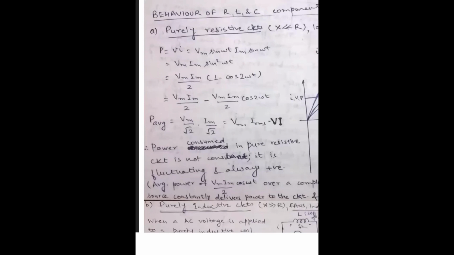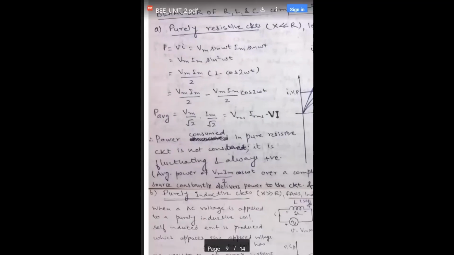So p is equal to v i, Vm sin omega t times Im sin omega t, Vm Im sin square omega t, and you are well aware of the trigonometric formulas, that cos 2 theta is equal to 2 cos square theta minus 1 or 1 minus 2 sin square theta. So that formula is used here, and it is substituted here. So this is the instantaneous power which we have obtained.